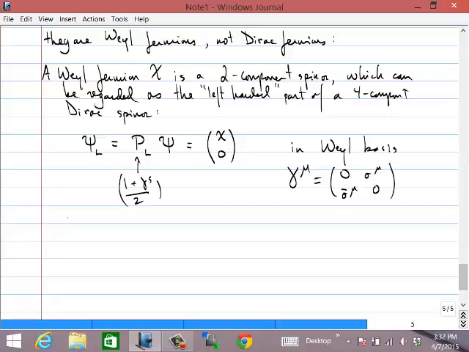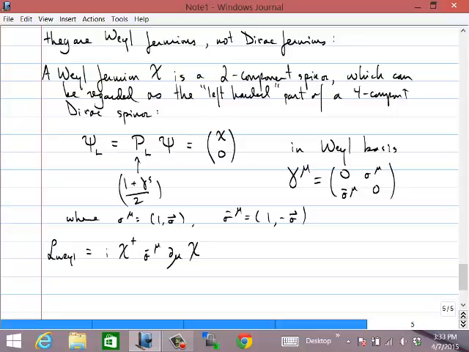Here, remember that sigma mu is (1, sigma), sigma bar mu is (1, minus sigma). And so the action for a massless Weyl fermion is just i chi dagger sigma bar mu d mu chi, where chi is our two-component Weyl spinor.